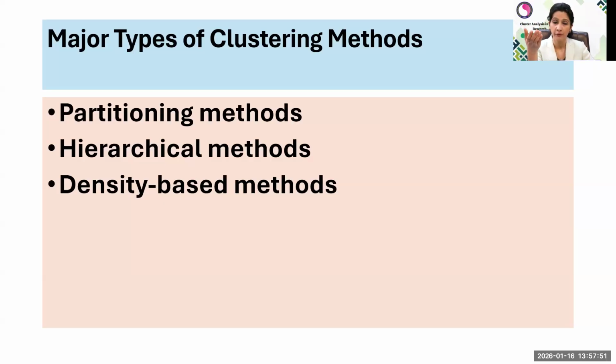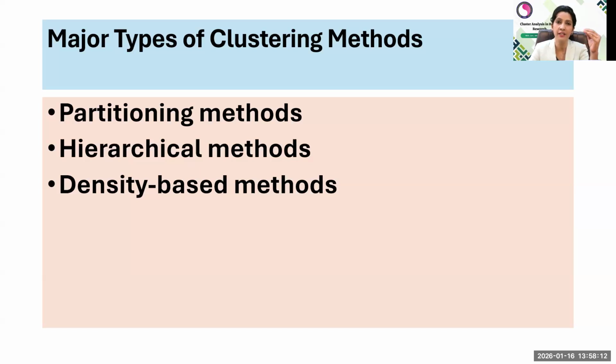Geographical information systems, GIS, also work on this density-based clustering in health, because it looks at the density of cases in particular geographical locations. But generally it is more in machine learning and less commonly done in health.